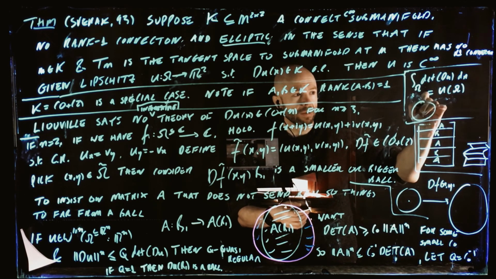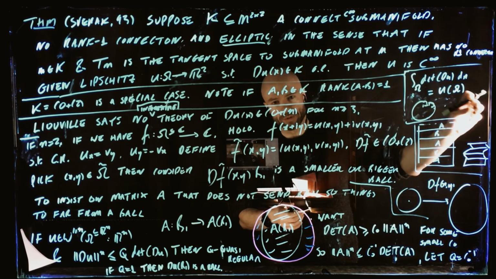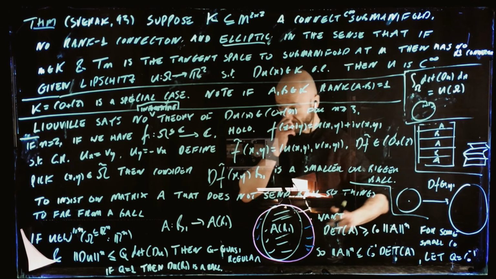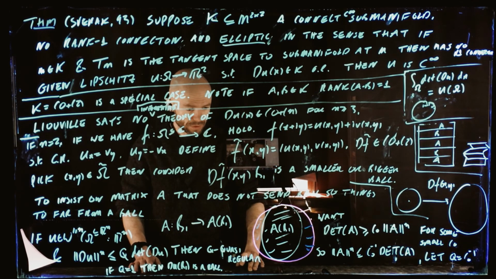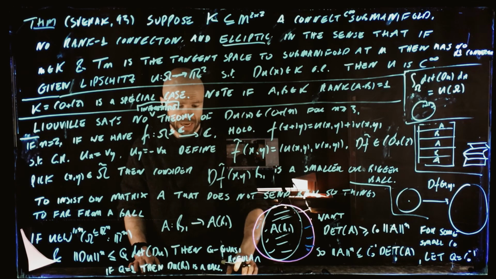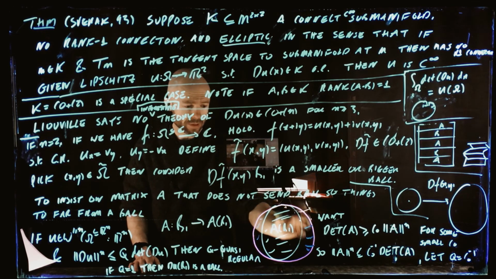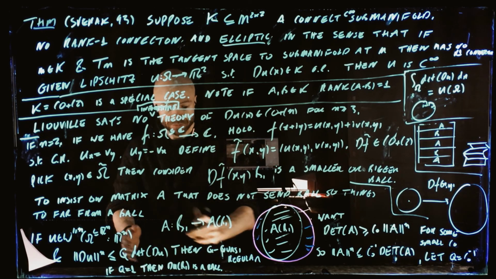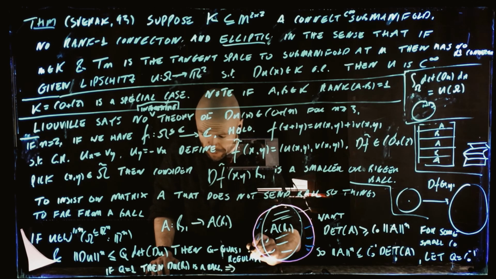If you have a ball, then cut it into cubes, all the volumes of cubes are preserved, and so on. That's basically the proof of this. Yeah? Cool. So we do indeed have that the determinant of matrix A is the volume of this ellipse. Yeah? And if it's equal to the volume of the smallest ball containing it, then it has to be the ball. Yeah? Cool.